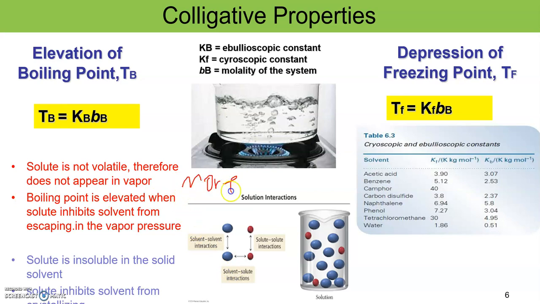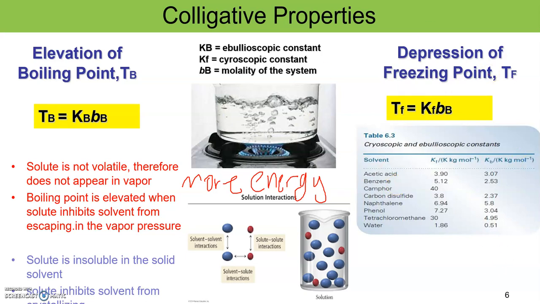So we need more energy to overcome all of the interaction. That's why there is an increase in boiling point, and also a decrease in freezing point, because more energy is needed to overcome all of this interaction.